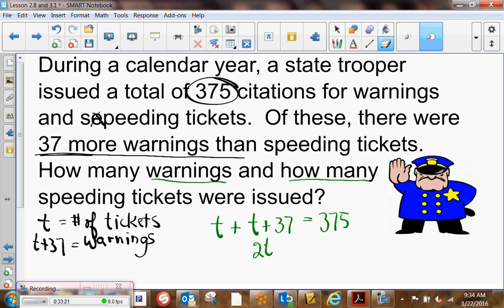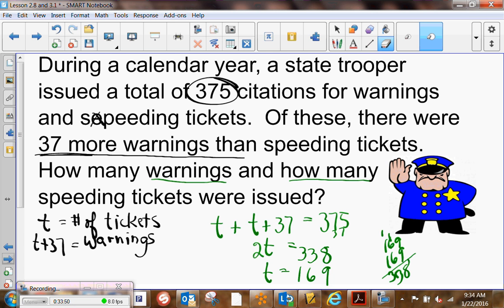So 2T equals, I'm going to come over here and take 37 away. And that's going to be 338. So T equals 169. Is that right? 169 twice, 18, 13, 338. Yes, that's correct.